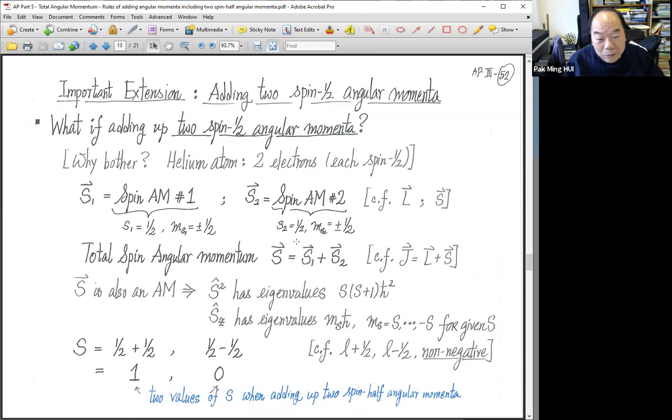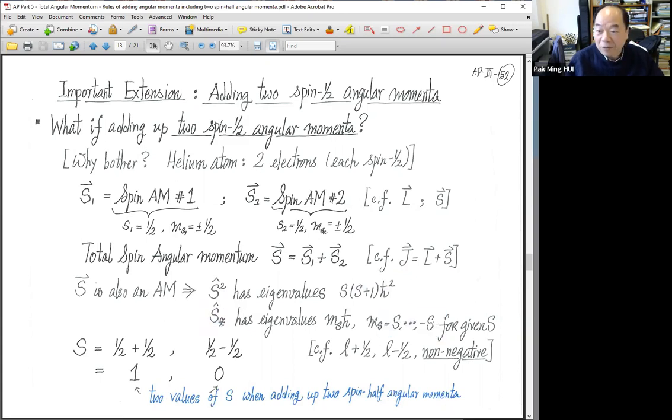So when this satisfies the commutation relation and this satisfies the commutation relation, this must satisfy the commutation relations. Thereby, this is also an angular momentum. Needless to say, S squared must be of this form, and the Z component can take on S to minus S in steps of 1, things like that.